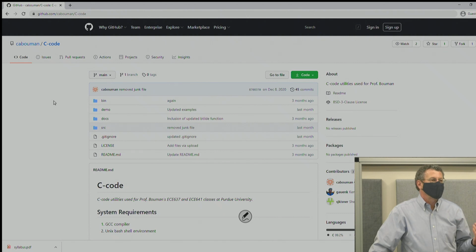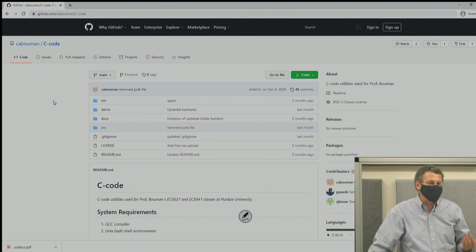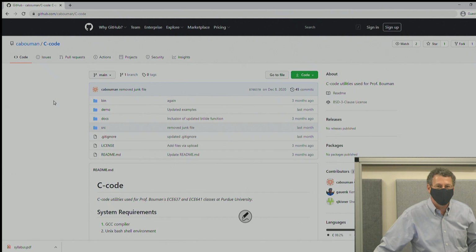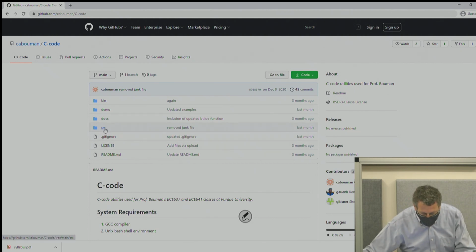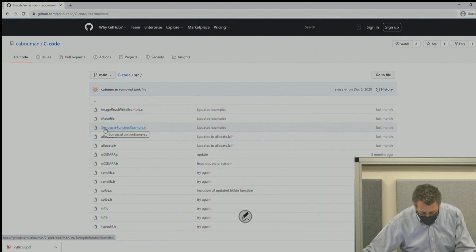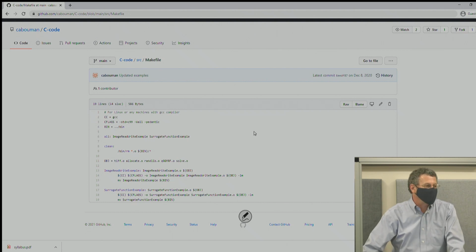You can do it any way you want, but I want you to use the make files. I want you to learn about standard compiling of code. Over here under src, which means source, there's a thing called a make file. The make file is the standard way of telling the computer how to compile the code.